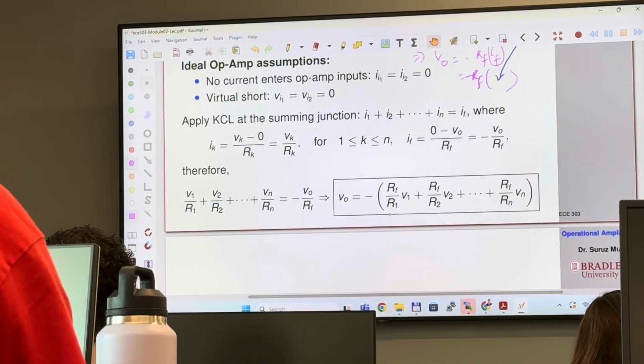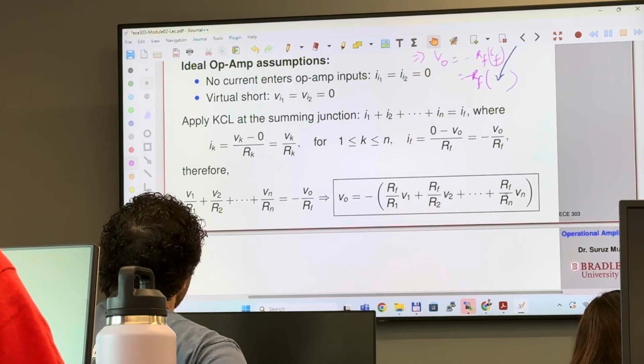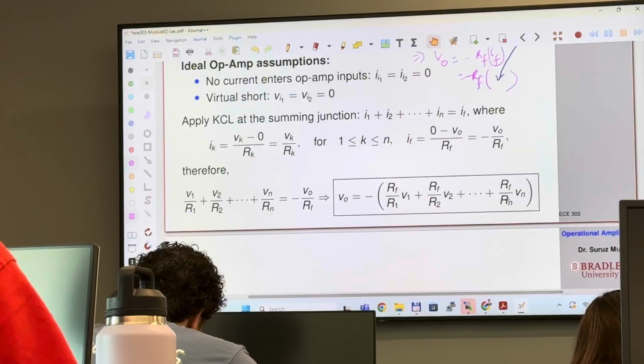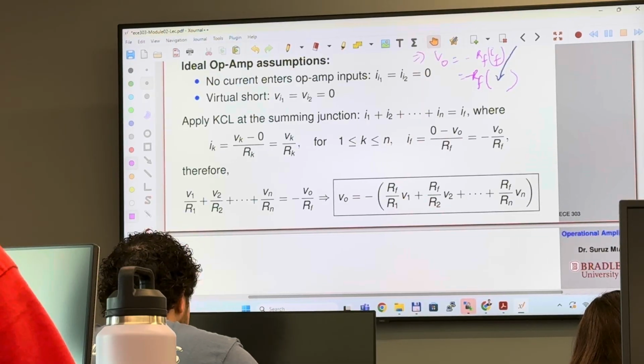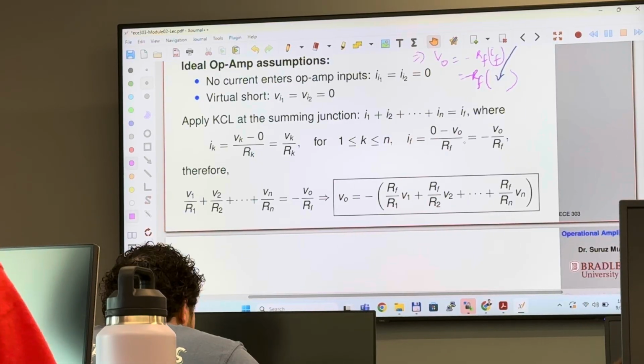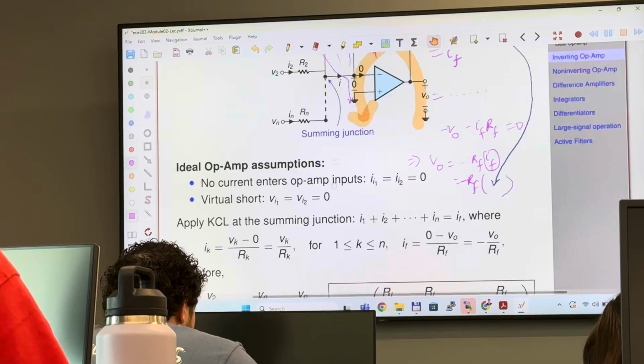V1 is weighted by RF over R1, V2 is weighted by RF over R2, dot dot Vn is weighted by RF over Rn. You see that, guys? Because the output is actually sum of all the inputs weighted by this resistance, that is the result. It is called weighted sum. So this circuit is called weighted sum.